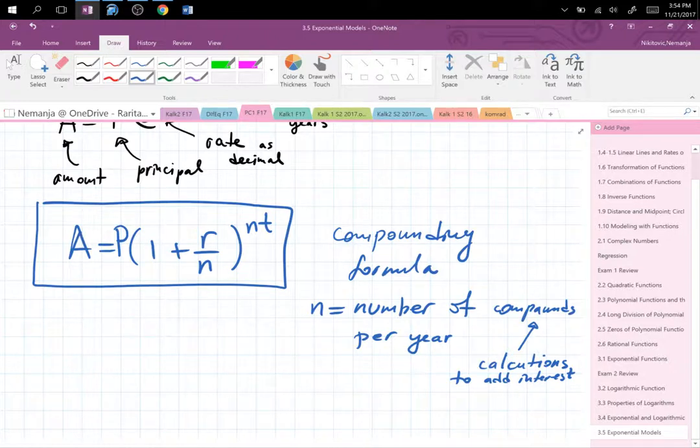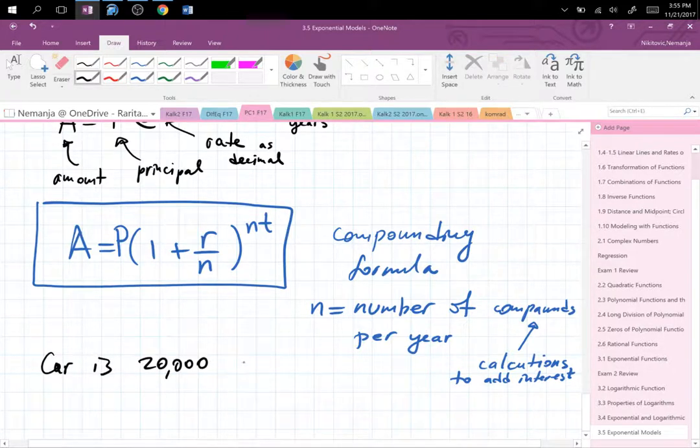So let's buy a car. Let's go with 20K. So let's say the car is $20,000, no down payment, at 3%, for what amount of years? 5 years.